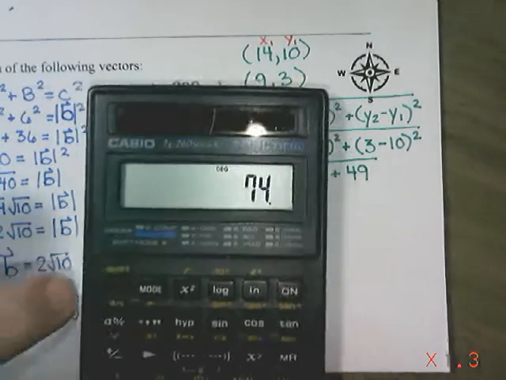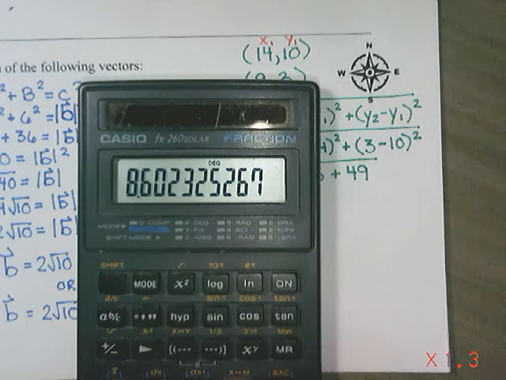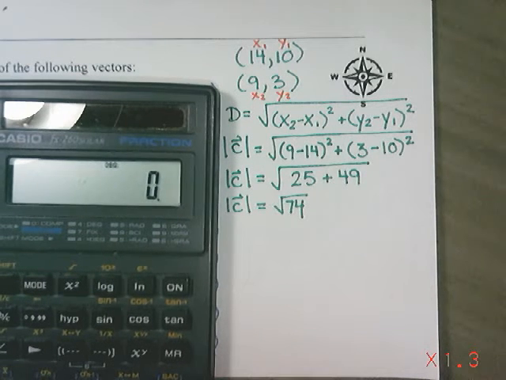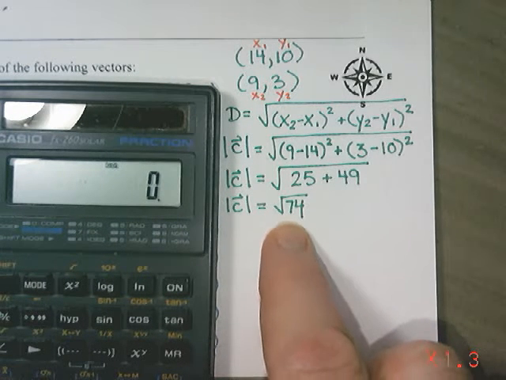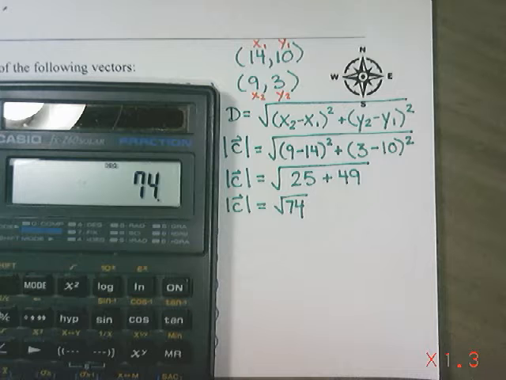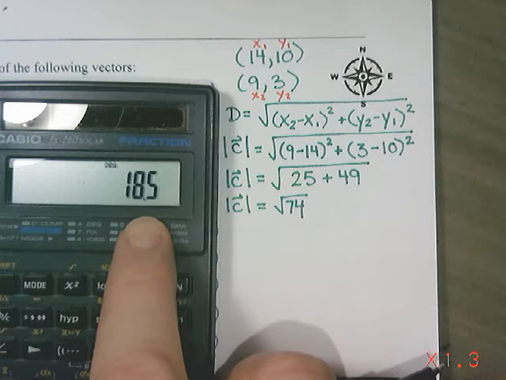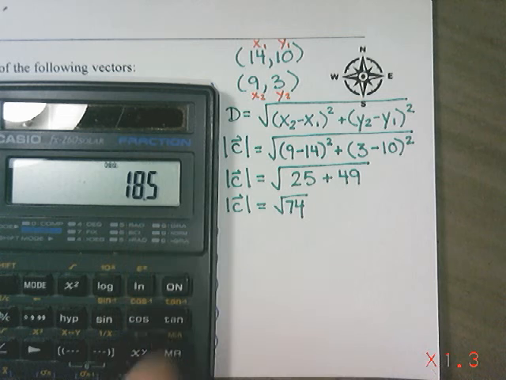Now that is a decimal, and I would like to try to keep it as an exact value. I would be interested in making it a mixed radical if I can. Thinking about 74, I know that it divides by 2, so I'm wondering if it might divide by 4. That's a perfect square that's even, and it didn't. I don't think any of the even perfect squares, so that would be 4, 36, 64, are going to work.